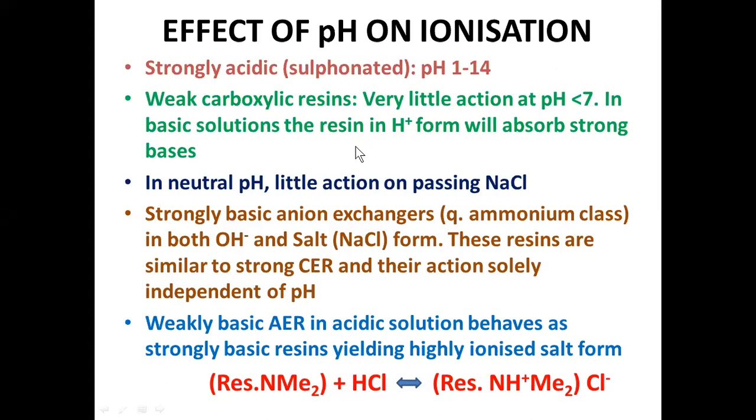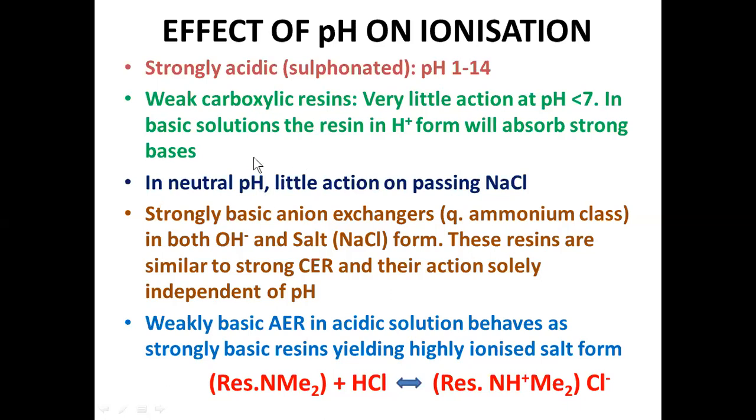Whereas for weakly carboxylic acid resins, because they are weakly acidic, there is very little action at pH less than 7. If you maintain pH less than 7, the dissociation of these weakly carboxylic acid resins will become difficult. Very little dissociation can be expected. Therefore, it is appropriate to maintain the pH greater than 7 whenever you are using resins in the carboxylated form.